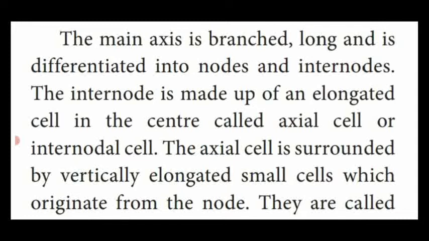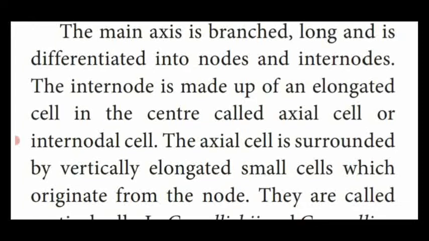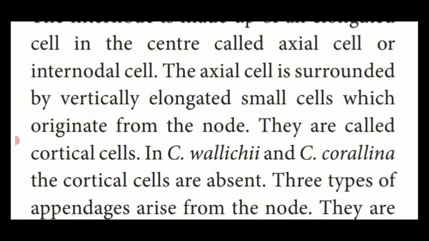So these axial cells are surrounded by vertically elongated small cells which is originated from the nodal region. So axial cell which are having the elongated central cell. These axial cells are surrounded by vertically elongated small cells.